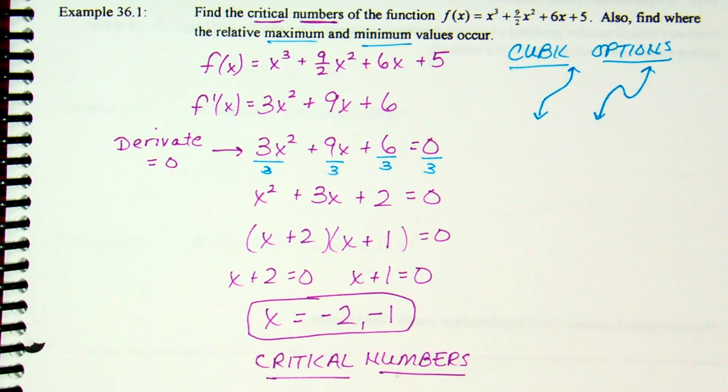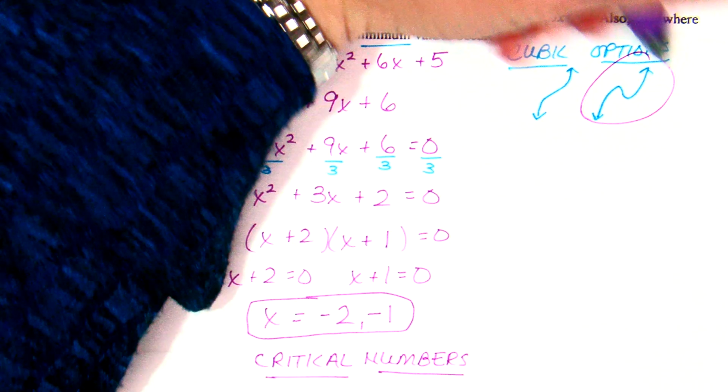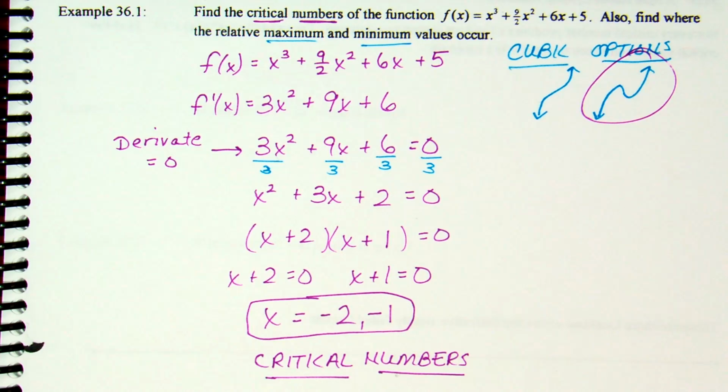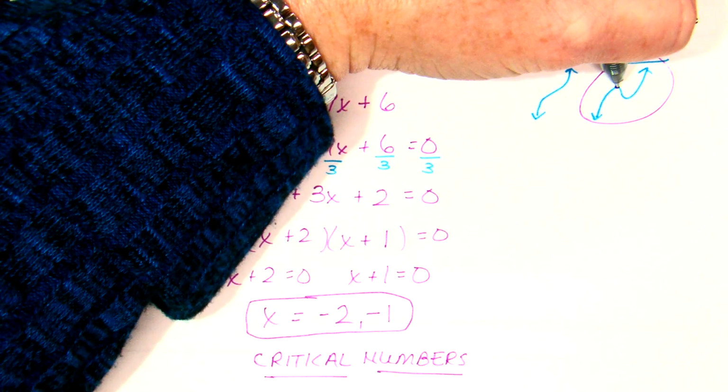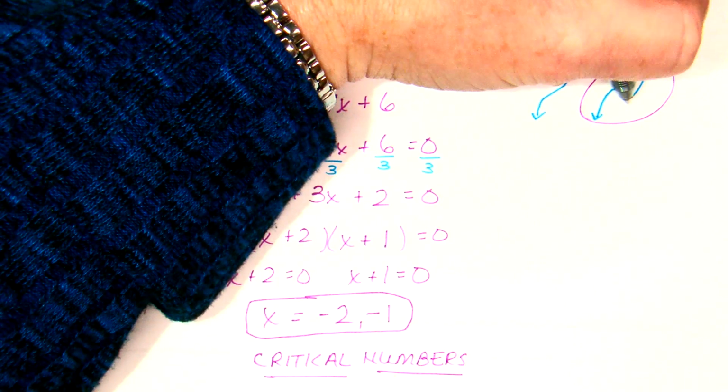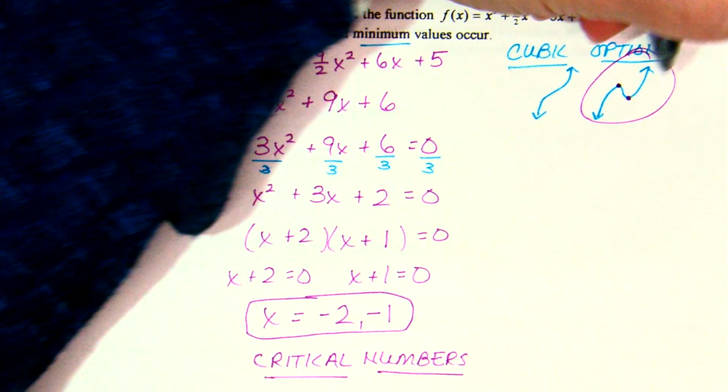If I have two critical numbers, which one do I have to be talking about in this case? My graph, when I graph it, is going to be some variation of that. Because there's going to be a max value right there, so my derivative is going to equal 0 there, and there's going to be a minimum value right there.